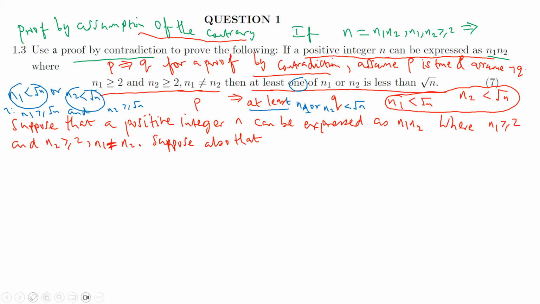So you suppose that not, and then you say at least one of N1 or N2 is less than the square root of N.